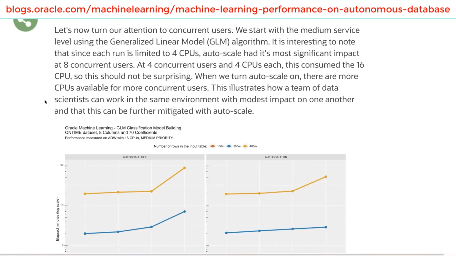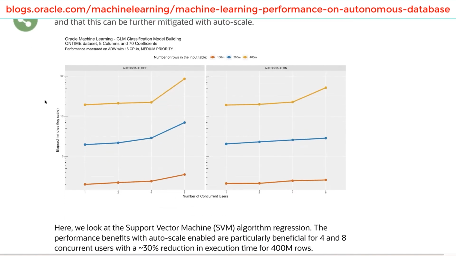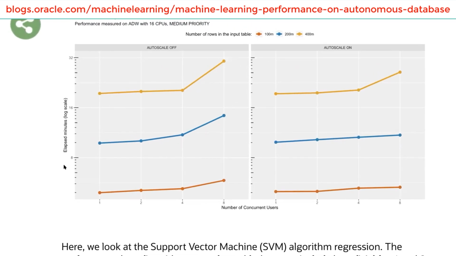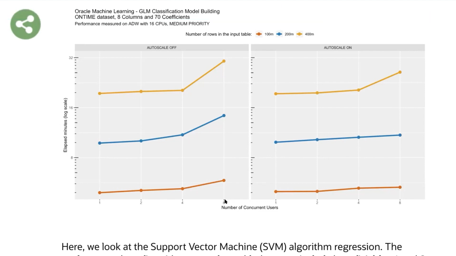Autonomous database supports this. And this one here in particular is very nice, highlighting that as you increase the number of concurrent users, what's the impact on what those users will experience. Here we're comparing autoscale versus no autoscale. And we see that with autoscale, we get the benefit of up to 3 times the number of OCPU originally configured for the system, and this is done dynamically for you.